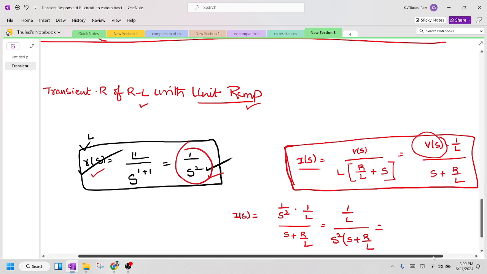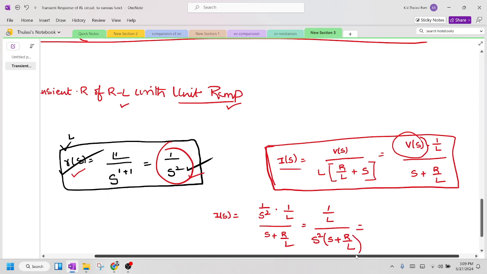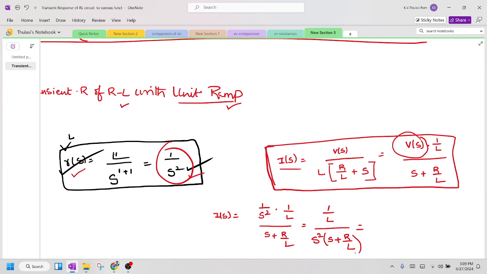So that is equal to, when you take the partial fractions, since s² terms are there, you are going to get A/s + B/s² + C/(s + R/L).